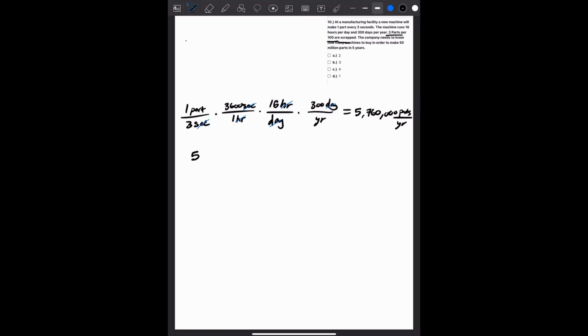So we have 5,760,000 parts per year. Now let's say for every 100 parts, 3 are scrapped.